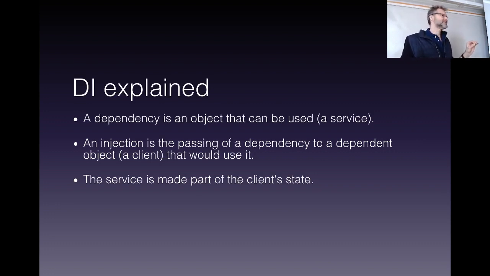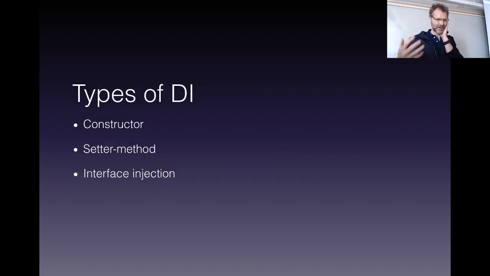A dependency is an object that can be used. It's a type of service. The injection is the actual passing of that dependency into an object or a client. Okay, yeah, I really need to have the code behind to actually see how it works. But yeah, okay, I get it. I get it on a higher level. So how can things be injected from the framework then?